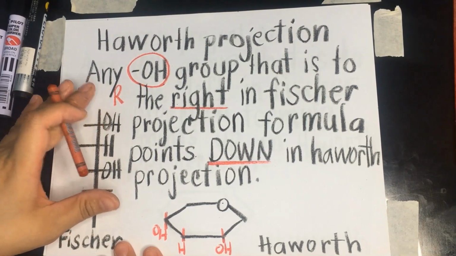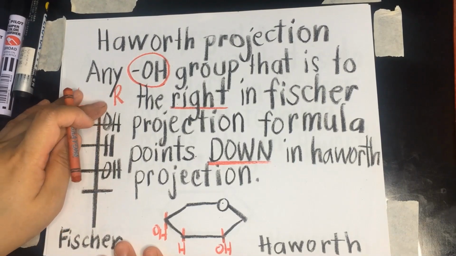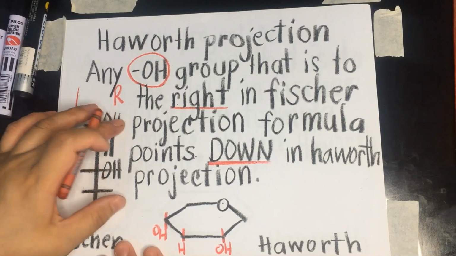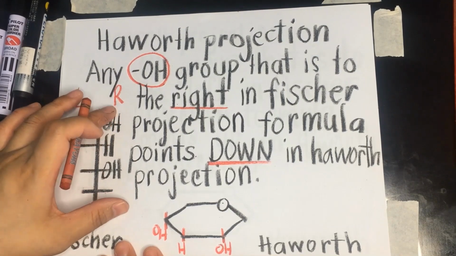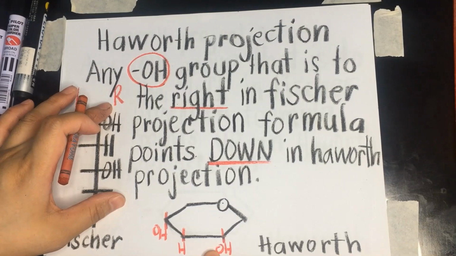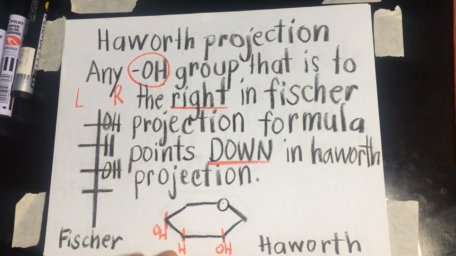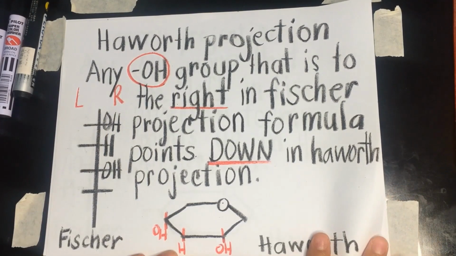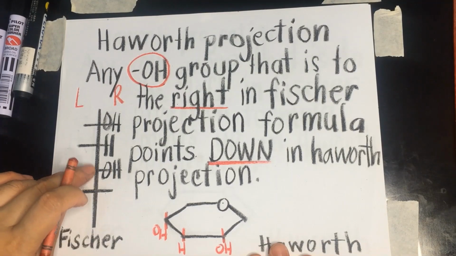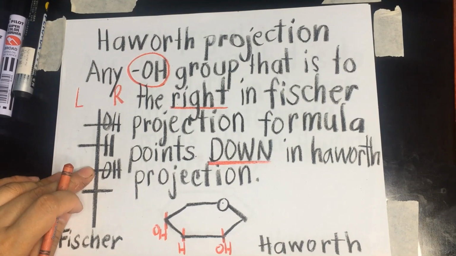We are just portraying that any hydroxyl group or any group that is placed on the right side of the Fisher projection formula, we are going to put them downwards. This is now your Haworth projection wherein the Fisher groups are on the right side. And in Haworth projection, what happened is that we place them downwards.